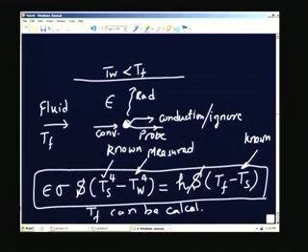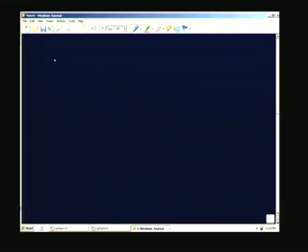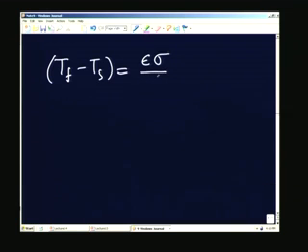Actually, what will happen is, I will show it here: Tf minus Ts equals epsilon sigma divided by h, times Ts to the power of 4 minus Tw to the power of 4.